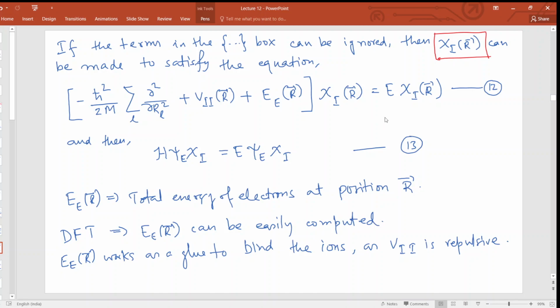Okay, so we'll later come up and see this thing again. So if that is the case, then we can write down H psi e chi I will be equal to E psi e chi I.